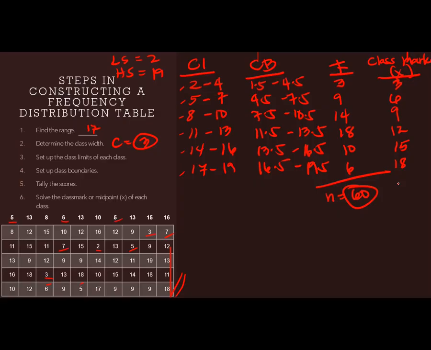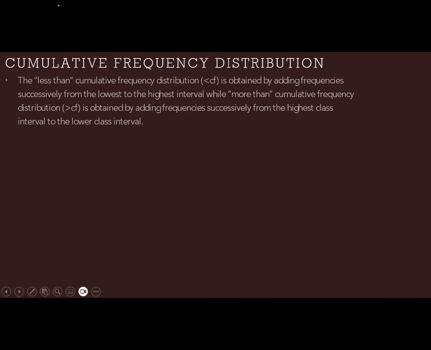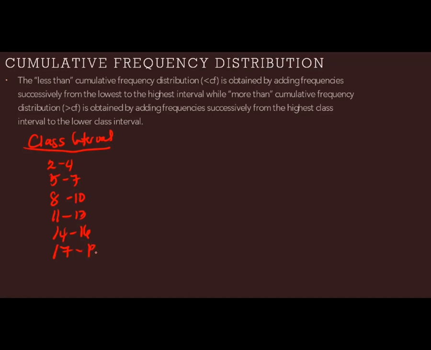Same sample, I will just copy the class interval here. So we have class interval 2 to 4, and then 5 to 7, 8 to 10, 11 to 13, 14 to 16, 17 to 19.